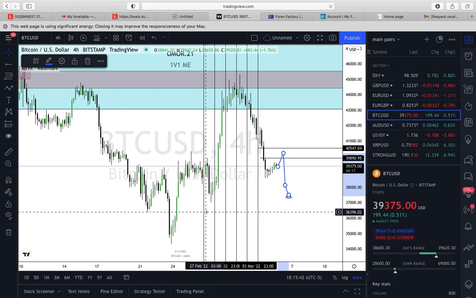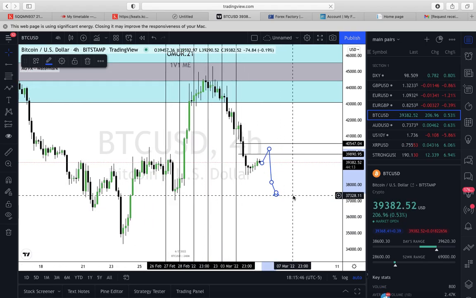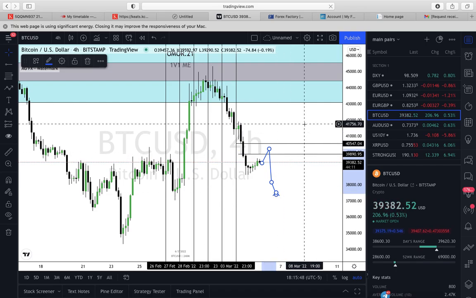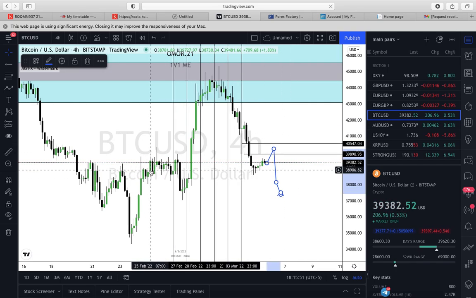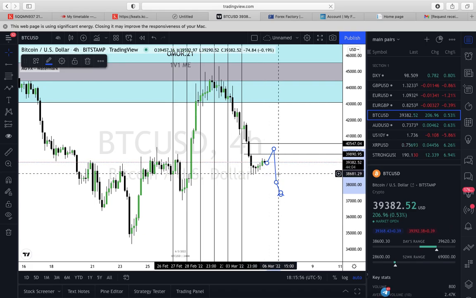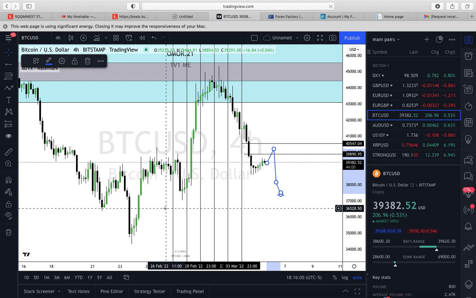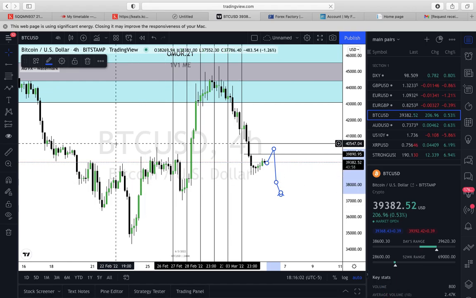That's what I want to see for Bitcoin as of now. That's what I'm anticipating, and that's what I think the accumulation of orders here is going to fund. The run under this low into this imbalance. That's what I would want to see for Bitcoin.